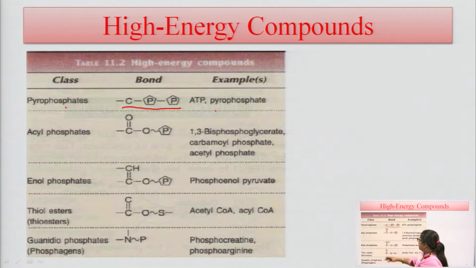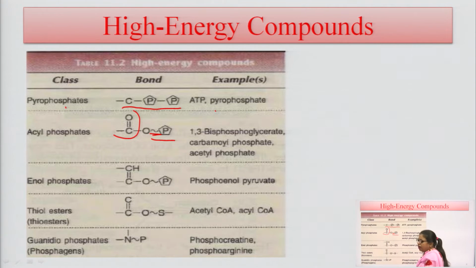The second one is acyl phosphatase. Acyl phosphatase has a carboxyl group here, and with this there is attachment of a phosphate group. This is the symbol of the attachment of the high energy bond with that phosphate group.